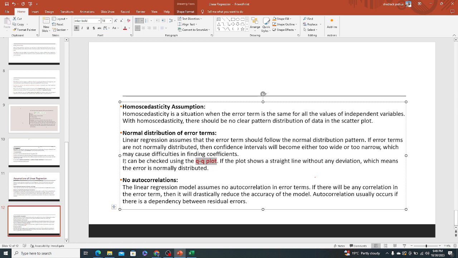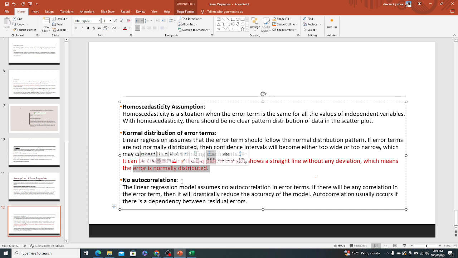You can use a QQ plot to check if the data is normally distributed. If you get a straight line without any deviation, then it is a good indicator that the error terms are normally distributed.